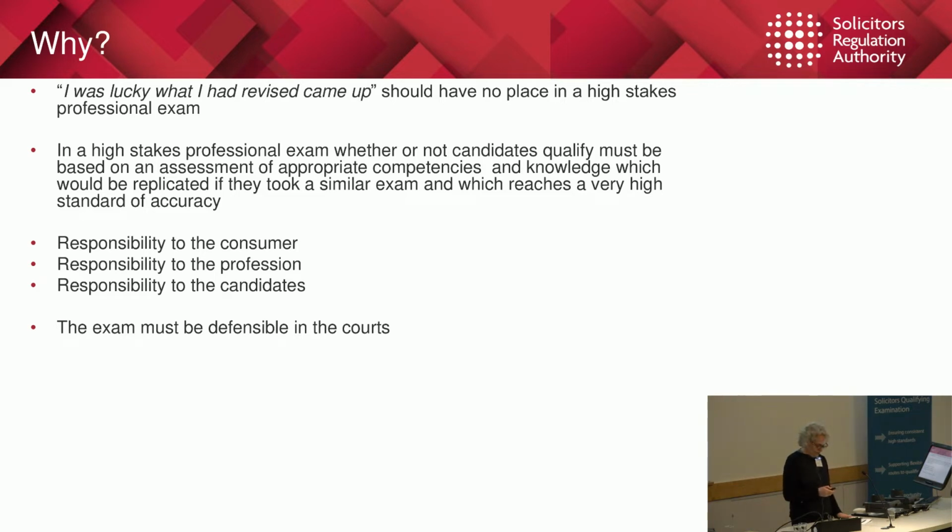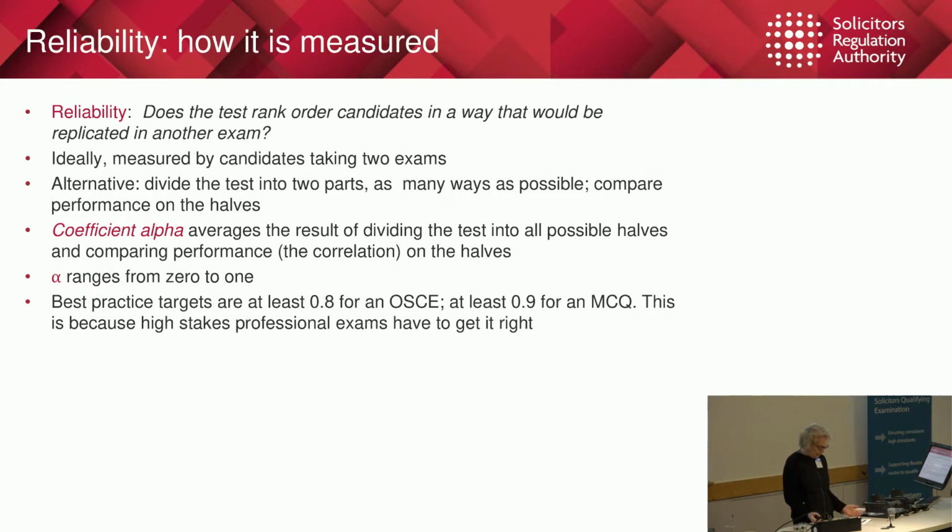So, first of all, saying a bit more about reliability and how it's measured. As I said, it's about, does the test rank order candidates in a way that would be replicated in another exam? Ideally, you would measure that by getting them all to sit another exam. Clearly, they're not going to be very happy about doing that.